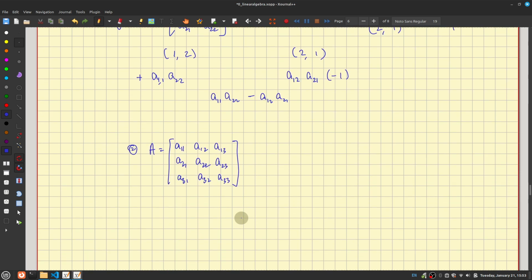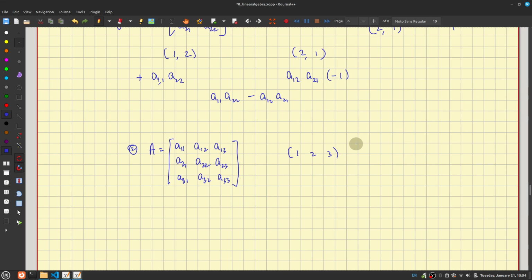We can try to do the same for a 3 by 3 matrix. So in this case, you have 1, 2, 3. How many permutations do I have? I have 6 permutations. So you can list all possible permutations of 1, 2, 3, find the sigma and the sign of each of these permutations, and use the formula to evaluate the determinant.